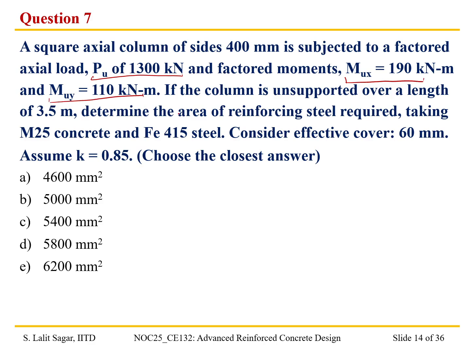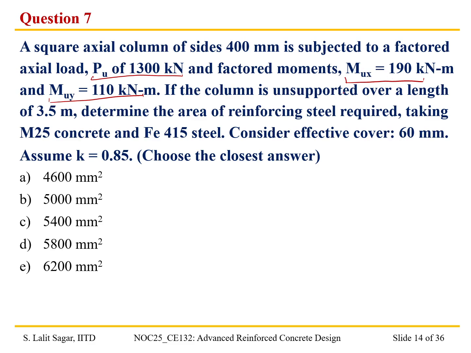So it is given that a square column has sides of 400 millimeter and is subjected to a factored axial load of 1300 kilonewton, and the factored moments about the x-axis and the y-axis are 190 kilonewton meter and 110 kilonewton meter.